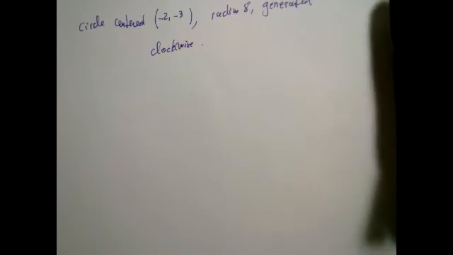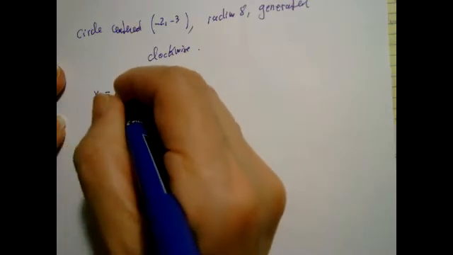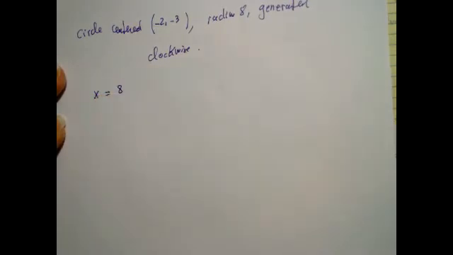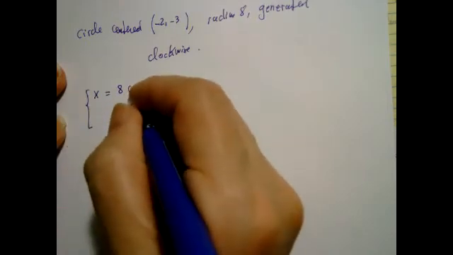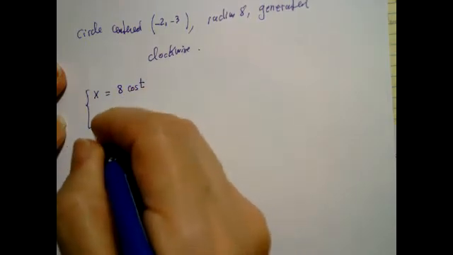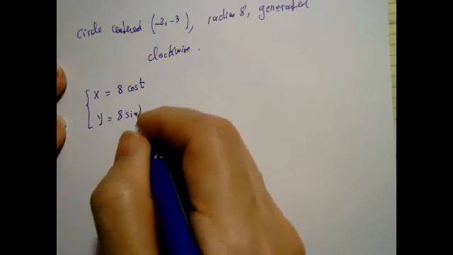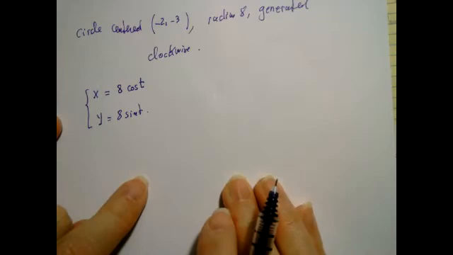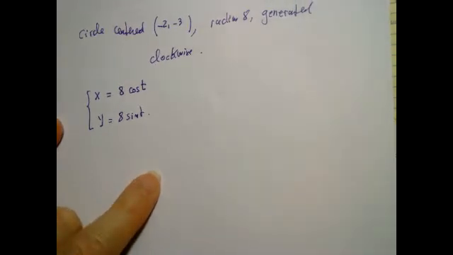Can you have x be 8 cosine t? Yeah, x equal 8 cosine x doesn't really make much sense, but 8 cosine t, and then y be 8 sine t. Okay, this should give you the equation of a circle with radius 8. Centered where? Centered at the origin though.